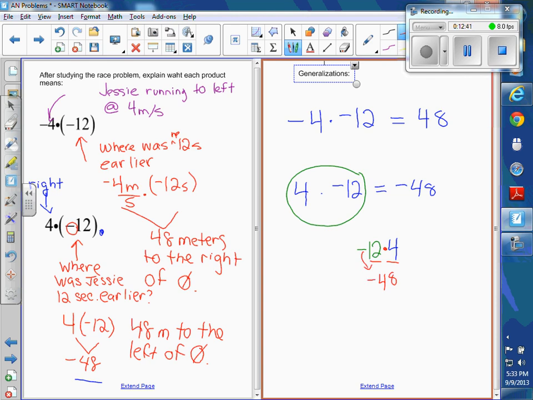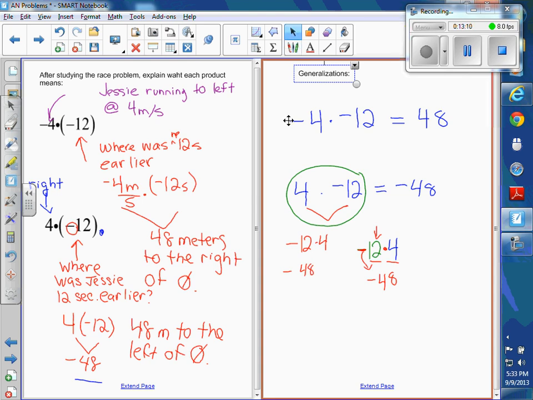So when I do a negative times a positive, I always think of the negative number first, negative 12 times 4, and just think of it as the opposite of 12 times 4. So even though the problem up here is written like that, you can rearrange a multiplication and say, that's the same as negative 12 times 4. So that's the opposite of 12 times 4, which is 48.